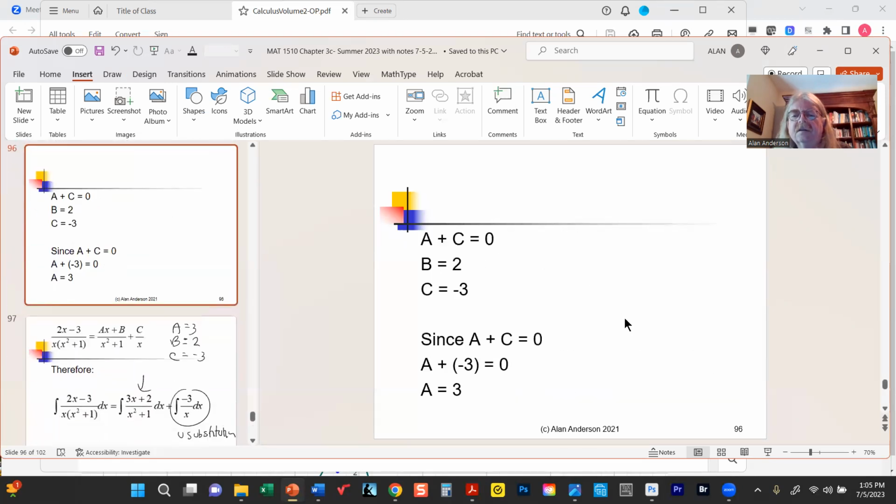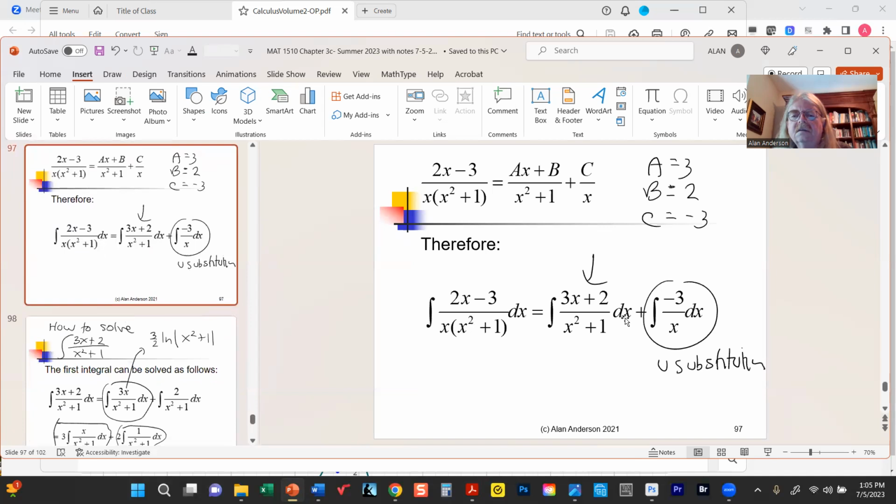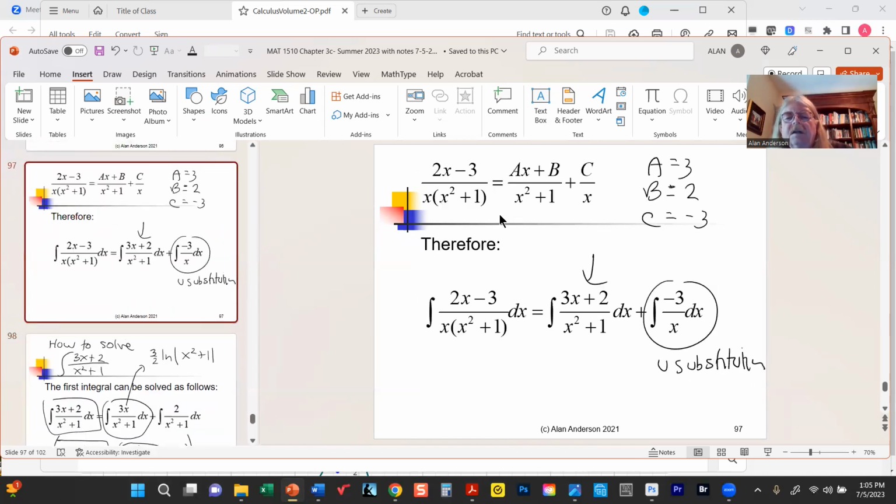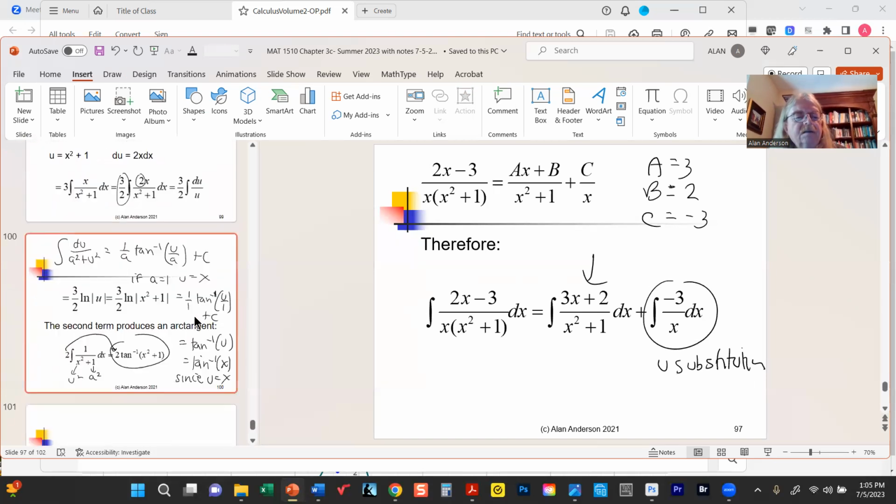So let's go back here. So this integral, remember way back, this problem has 2 integrals we had to solve. So let me just gather up all the information that we have so far.